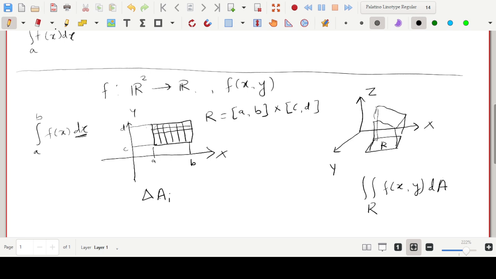Now we know that the volume of any solid is the area of its base multiplied by its height. So now, instead of small strips earlier in case of one variable, here we have small bars.